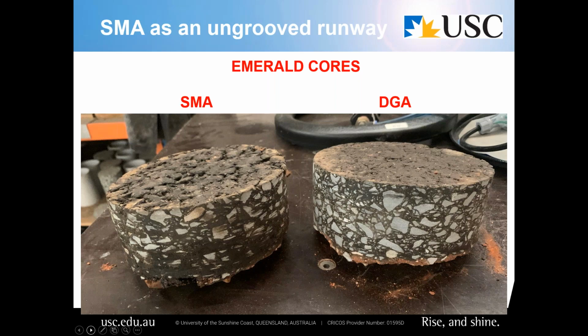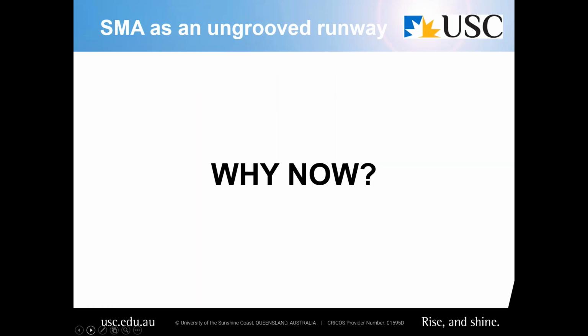But if you look at the mix itself, there's no interconnection between all of those air voids that you can see at the surface. They don't penetrate through the mix. It's a very dense mix with very low air voids, and of course the dense graded core on the right hand side, which is, as we'd all be used to for those of us involved in resurfacing runways on a regular basis.